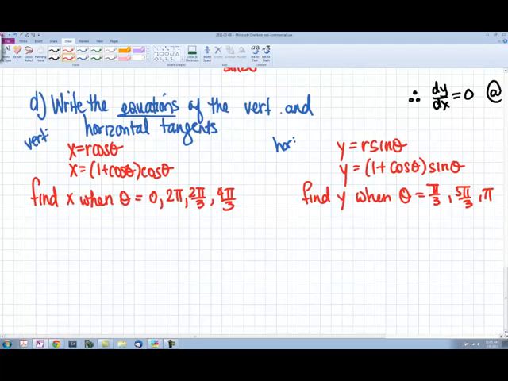So again, two separate things that we're looking at. So I know that x when θ equals 0 or 2π, because those are in the same spot on our unit circle, equals 1 plus cosine θ times cosine θ. So what is cosine 0 or cosine 2π when we plug those in? It equals 1.